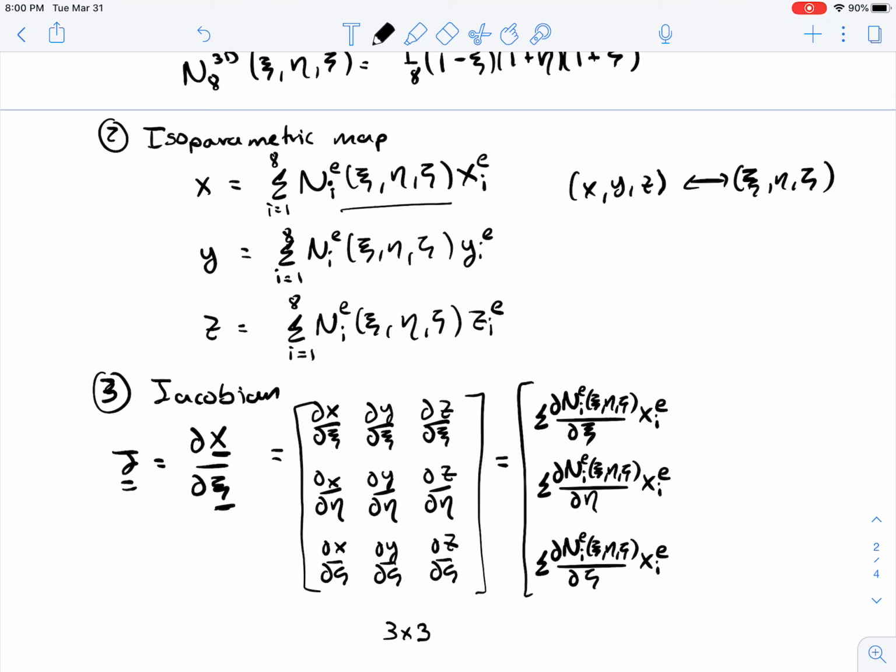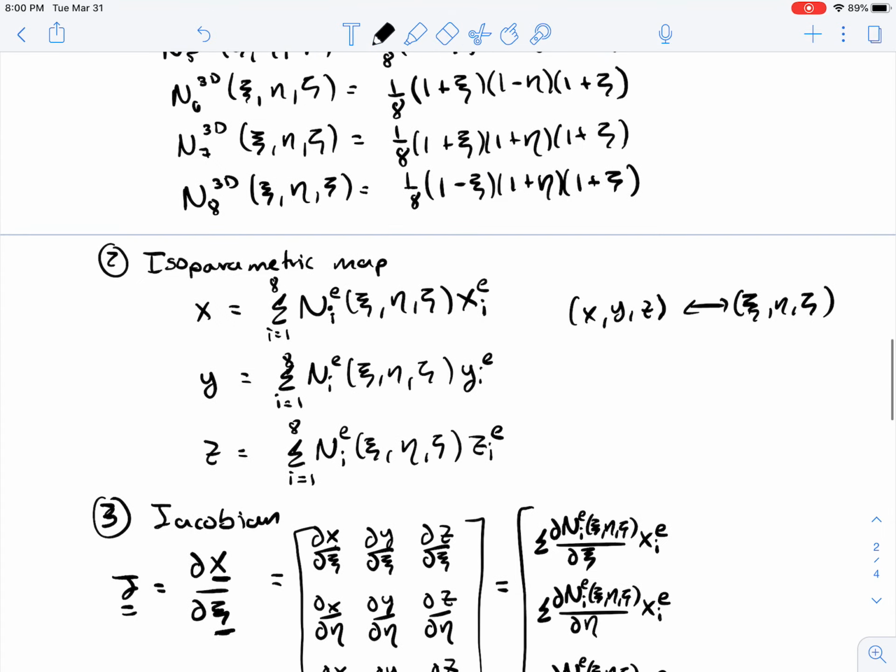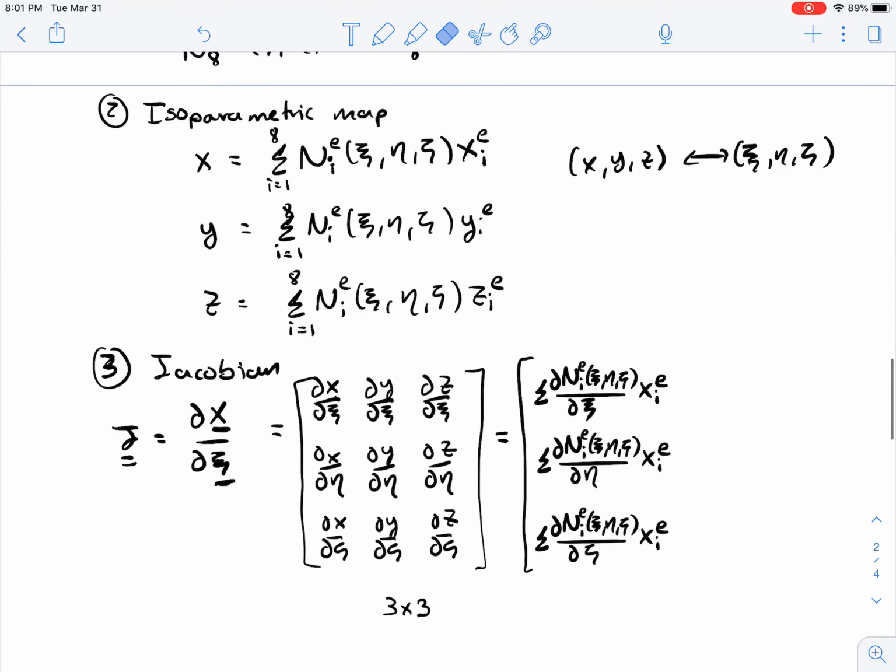So again, note that I want the derivative of x with respect to psi. I have x in terms of the three parent domain coordinates because I have the shape functions. So if I want to take the derivative of x with respect to psi, all I need to do is take the derivative of this expression right here. So the sum of the shape functions times the nodal values. The nodal values are not functions of anything, so those I don't take the derivative of. And then the shape functions are functions of psi, eta, zeta. They are defined right here, all 1 through 8.